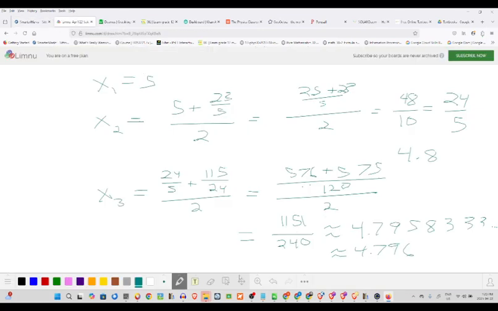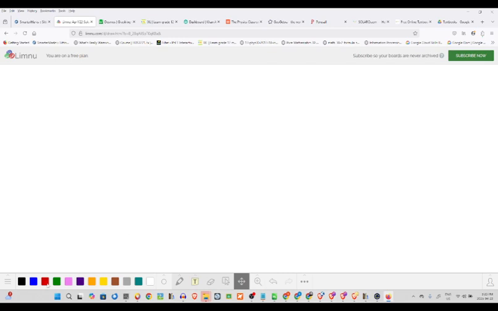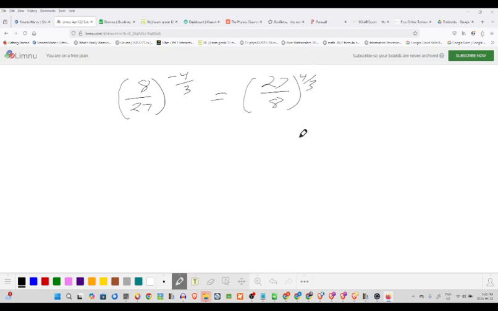This is a few steps, so I'm going to write this one out. So 8 over 27 to the negative 4 over 3. If we deal with the negative first, that's just taking the reciprocal. Now, when possible, always take the roots before doing the expansion. You'll get much smaller numbers that are easier to work with.